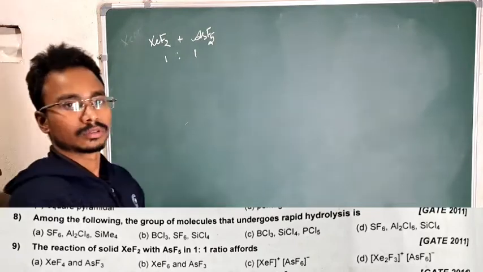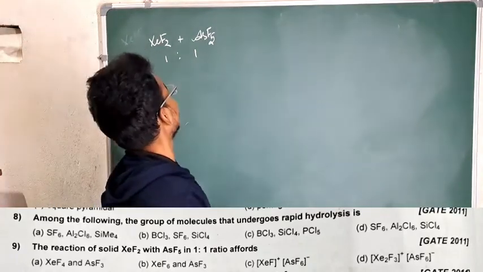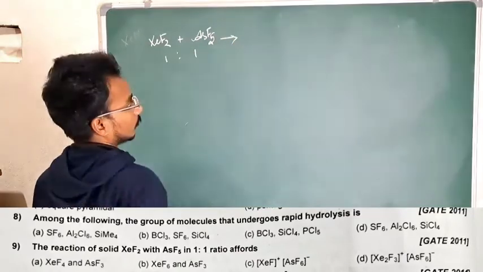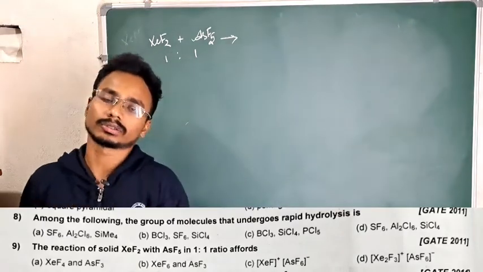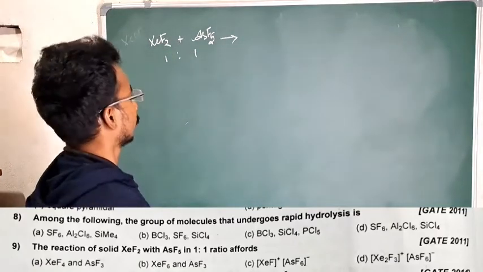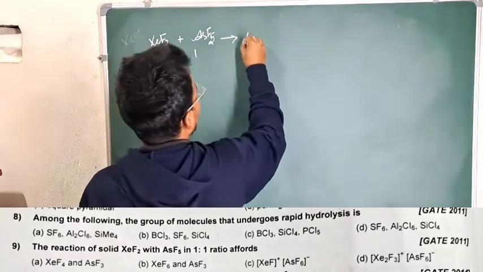Tell me, just pause the video and comment what will occur. I am giving you a hint that one cation and one anion will form. Write the cation and anion in the comment section below. So pause the video, I am writing.